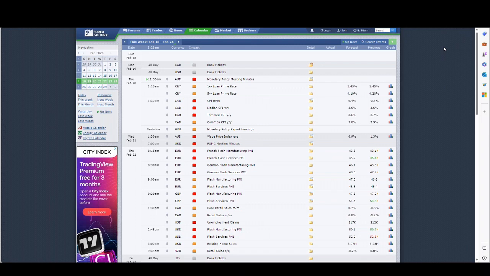These decisions set interest rates, and interest rates affect everything. They affect the money you borrow, the money you have on deposit, the money companies borrow, bond yields, our pensions. So it's absolutely key that we track those, because they have a direct impact on the markets.